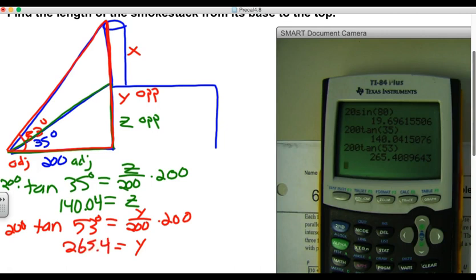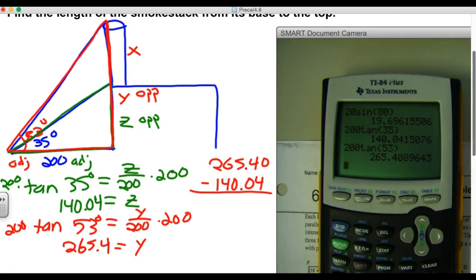All right, so the distance from the ground to the top of the smokestack is 265.4. And the distance from the bottom of the smokestack to the ground is 140.04. So we subtract those, and it'll give us the height of the smokestack.